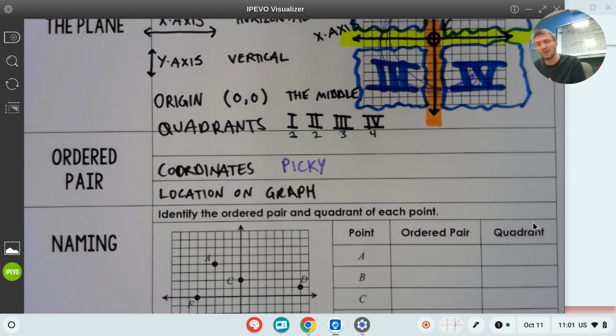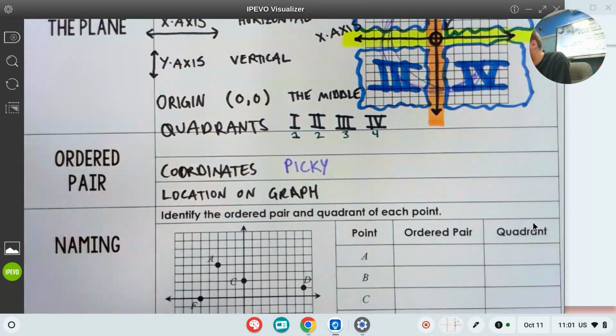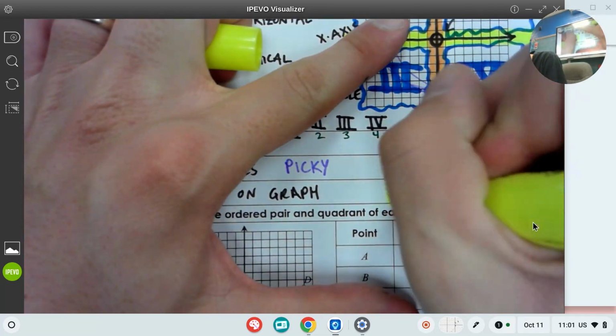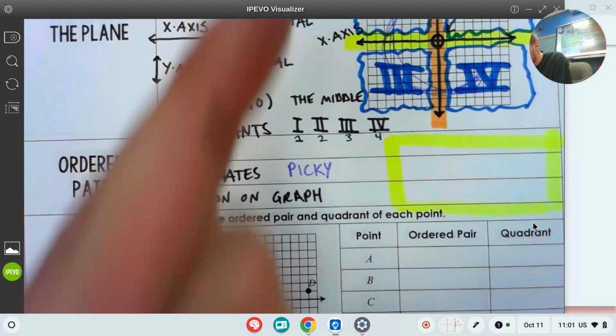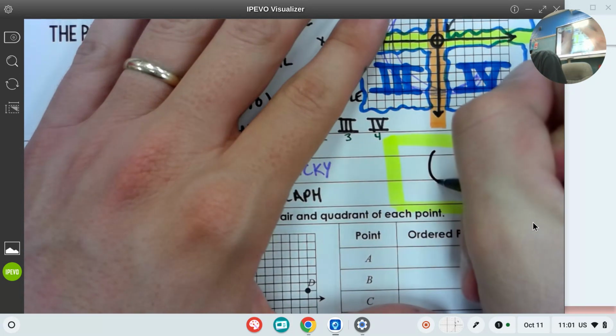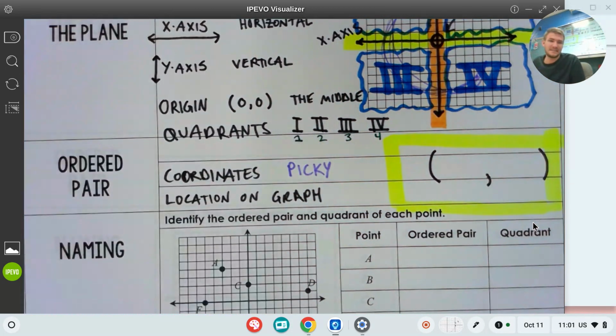That's why this is probably the hardest thing today, because if you get any part of it wrong, it's wrong. Now, here is probably the most important thing to write in your notes, okay? I'm going to make a nice little highlighter box here. To start, I'm going to do parentheses with a comma in between.